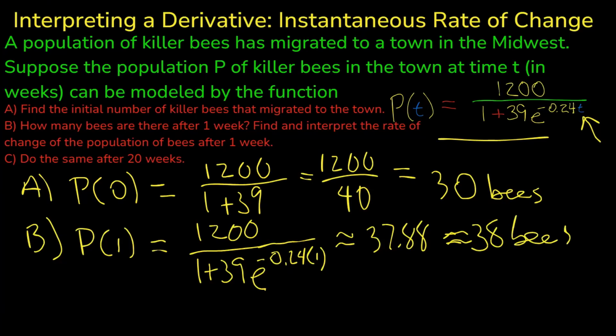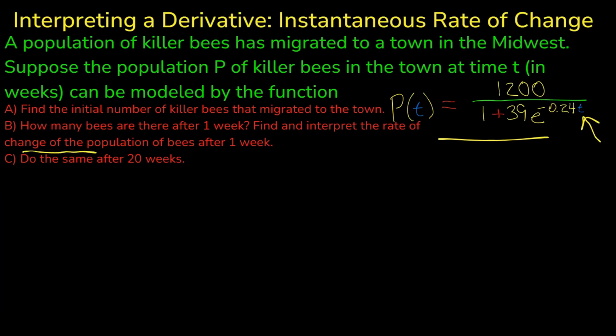Now, the second part of this is find and interpret the rate of change of the population of the bees after 1 week. So to get the rate of change, we're going to need the derivative. Now, you could evaluate the derivative in Desmos, but it's also important to understand how to do this by hand.